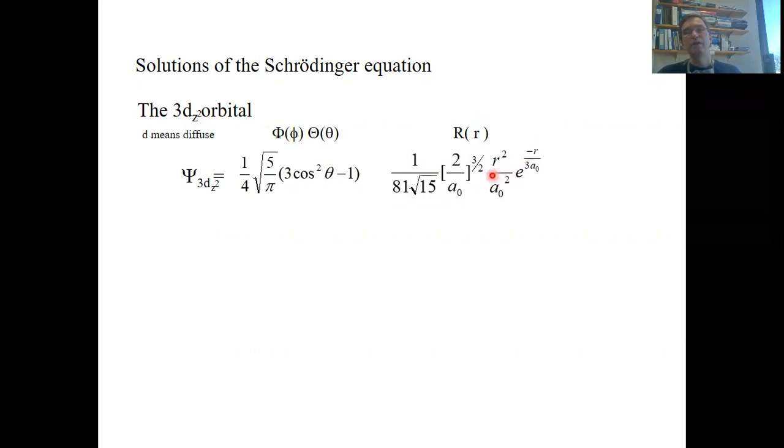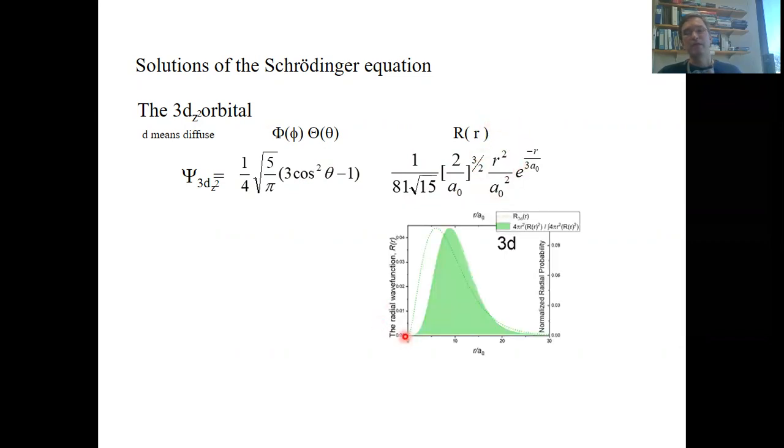Because of this term here, at r equal to 0, the amplitude of our wave function is 0, and it's then increasing until basically this exponential term overpowers this term, so that our curve goes through a maximum and then declines until it eventually becomes 0.